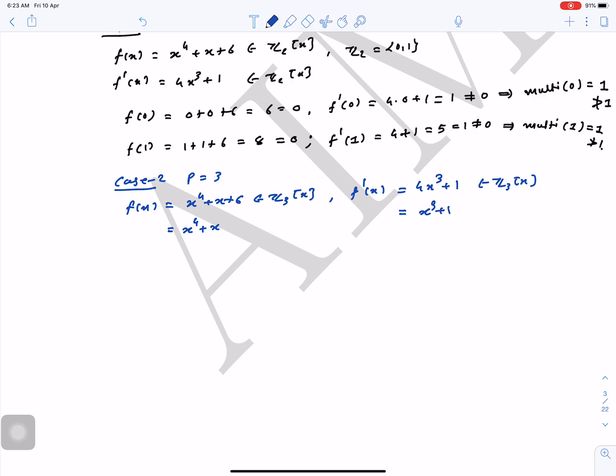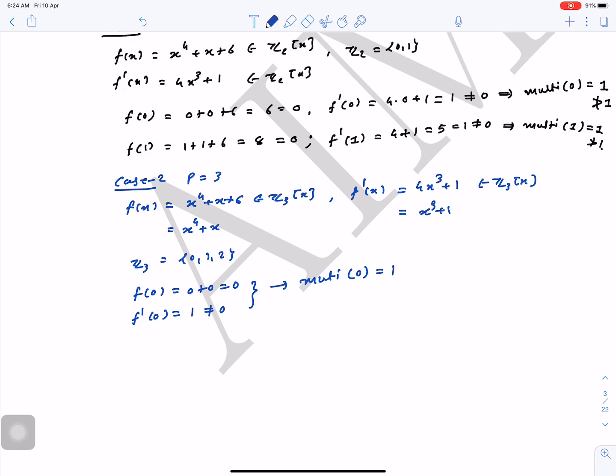And in Z3 we have 3 members, 0, 1 and 2. So now if you consider f of 0, then it is 0 plus 0, it is 0, but f dash 0 will be 1, which is not equal to 0. So it gives me what? Multiplicity of 0 is equal to 1.